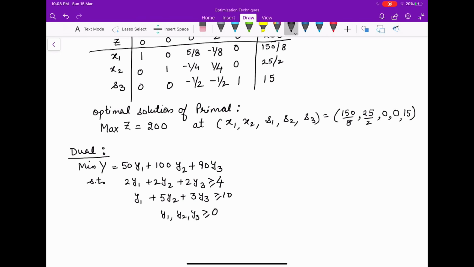Now I can also write this into an equality system because we want to find the values for the corresponding slack variables also in the dual problem.